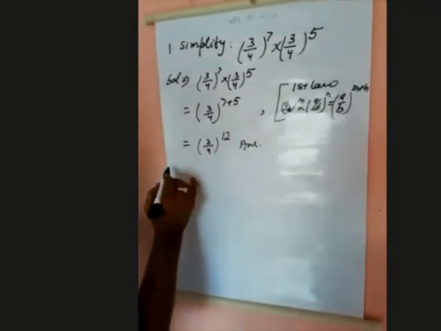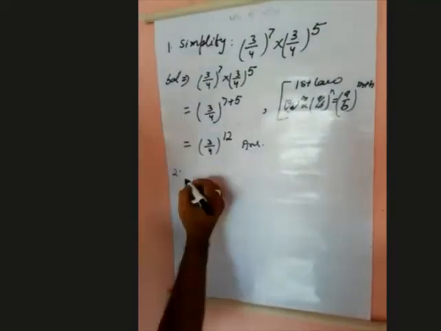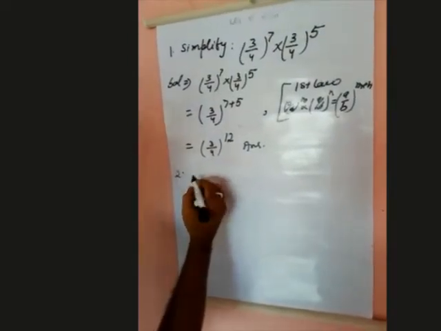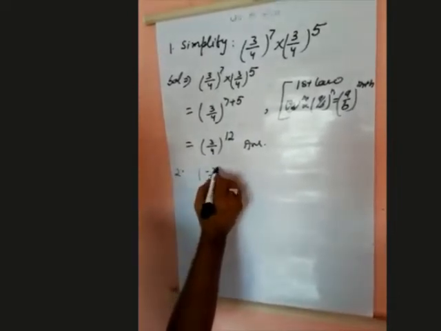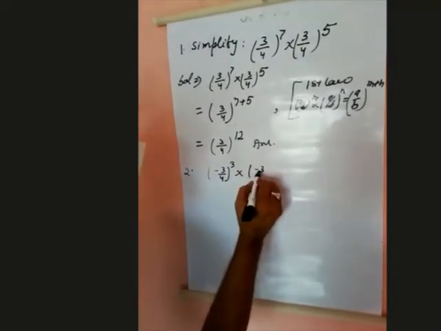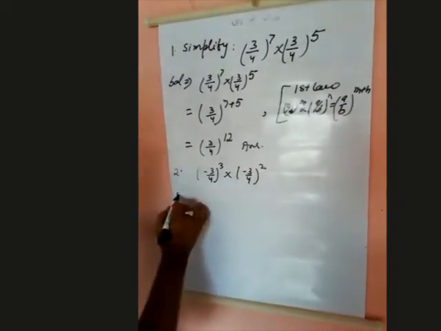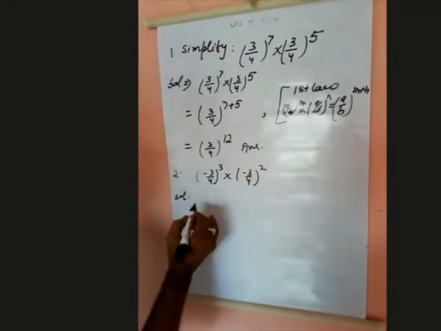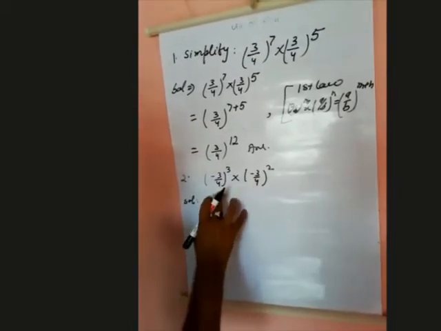Question number 2. Simplify and express as a rational number: (-3/4)^3 × (-3/4)^2. Solution. This is also according to the first rule. We see here the bases are equal, 3/4 and 3/4.